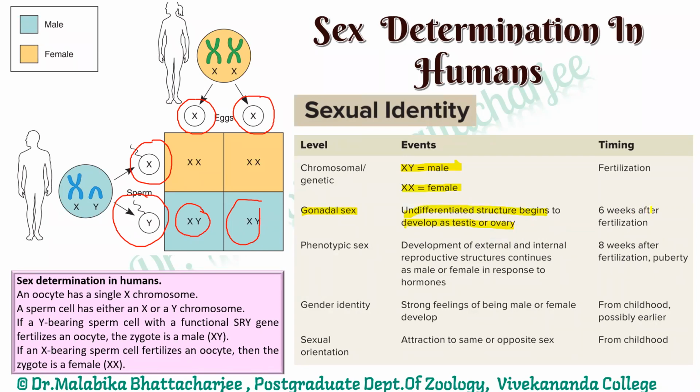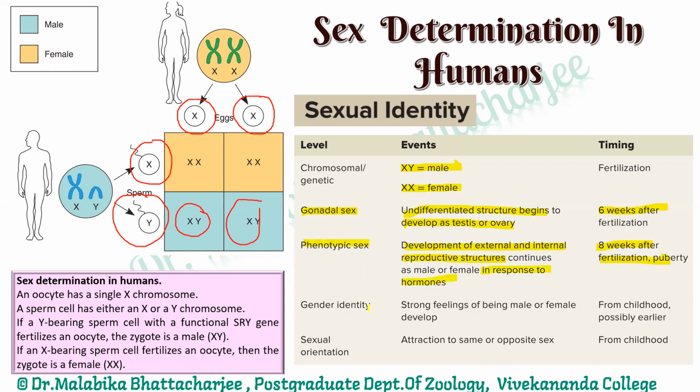That happens at 6 weeks after fertilization. The phenotypic sex happens at 8 weeks after fertilization. This is where we get the development of the external and internal reproductive structures, and this development takes place as male or female in response to the hormones being produced.